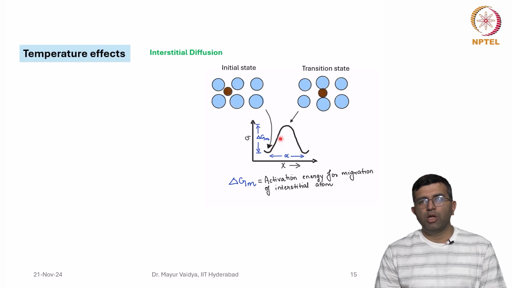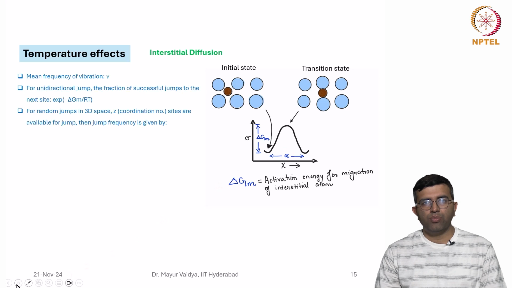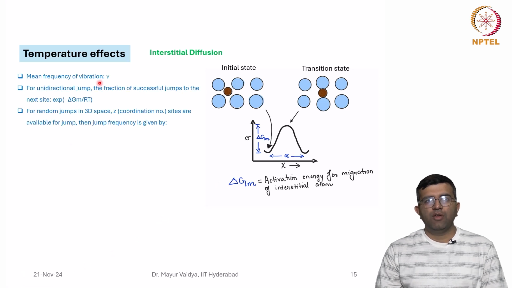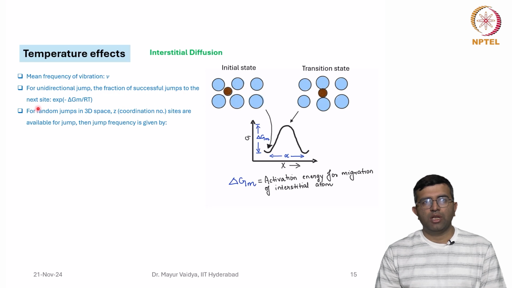So this activation barrier has to be crossed. If the mean frequency of vibration is, let's say, nu, then for a unidirectional jump in one direction, the fraction of successful jumps to the next site is equal to exponential minus delta Gm by RT.